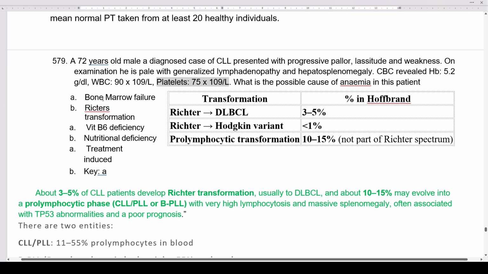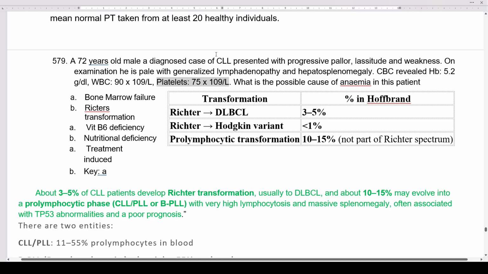The patient has pallor, hepatosplenomegaly, anemia, and platelets are also reduced, so it may be due to infiltration of the bone marrow with a lot of lymphocytes. Because of that the patient has developed bone marrow failure, so A is correct here.